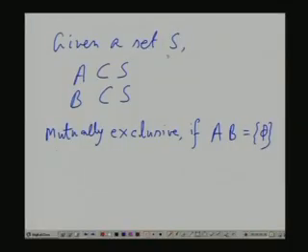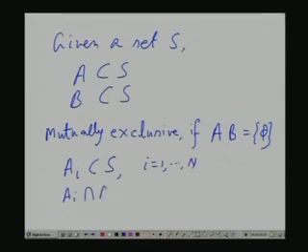This takes us to the concept of partition. Suppose out of a set S we derive some subsets A1, A2 up to say AN, such that each Ai is a subset of S, i equal to 1 to n, and they are mutually exclusive, Ai intersection Aj is phi.